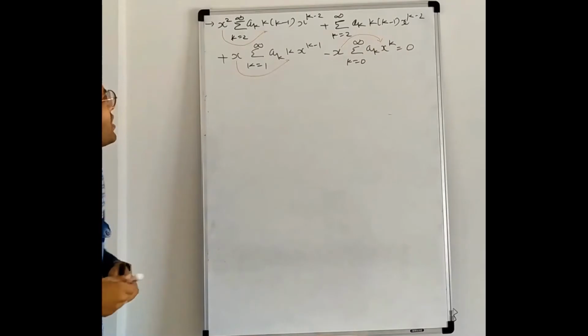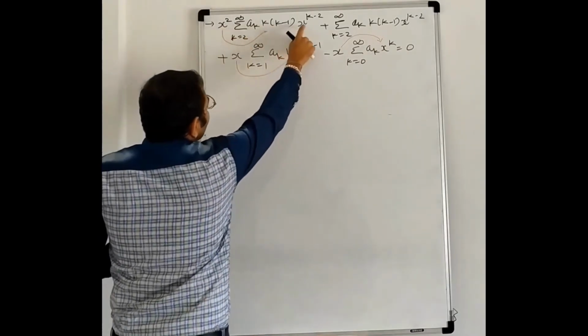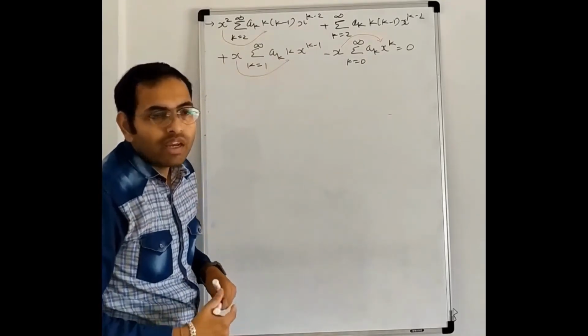Then in multiplication form, x square into x raised to k minus 2, the powers will be added.